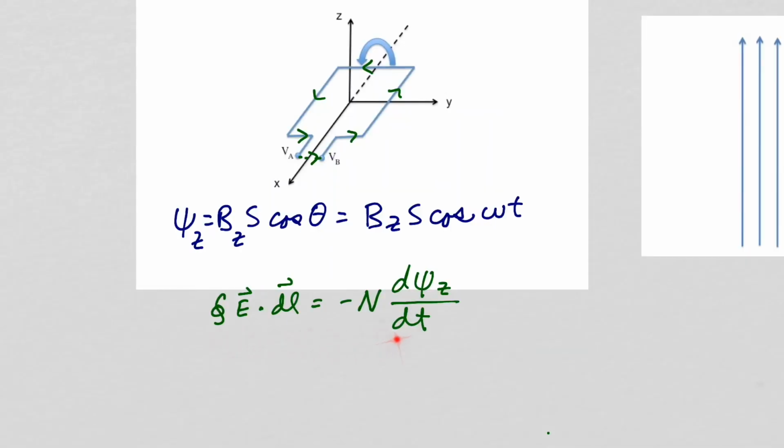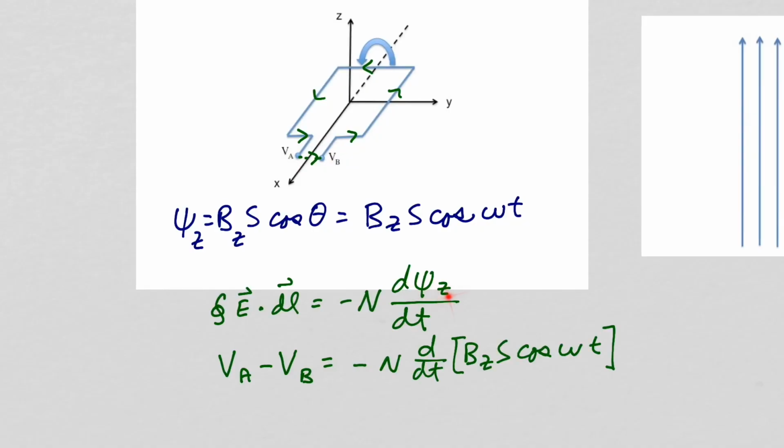Let's apply Faraday's law. We'll integrate in the direction of the arrows here, so putting your right fingers in the direction of the arrows, your right thumb points in the z direction, so this will equal minus n, the number of turns of this coil, times d psi dt in the z direction. Assuming negligible resistance in the coil, the integral of E dot dl will just be the voltage drop across our gap.